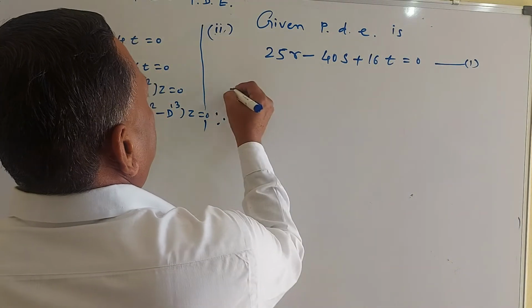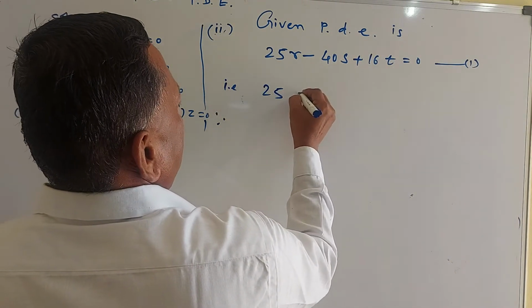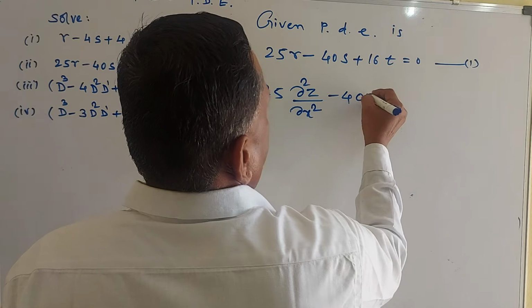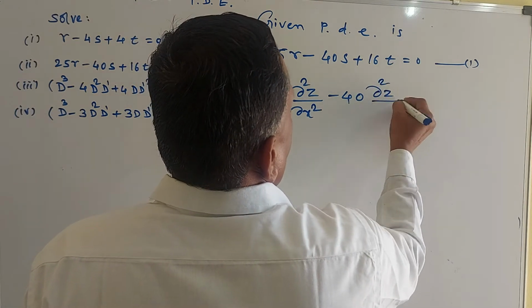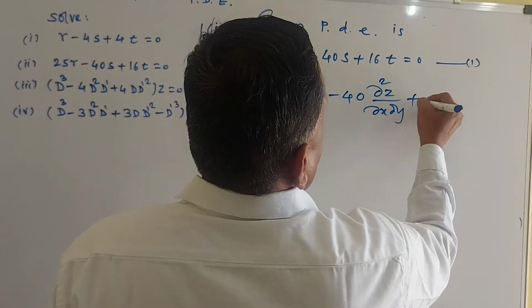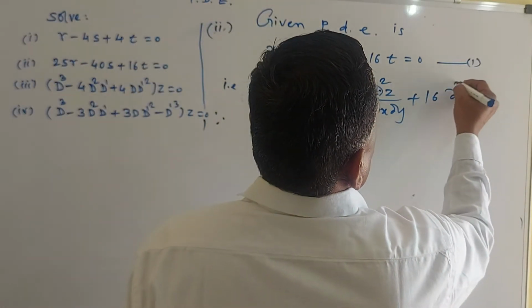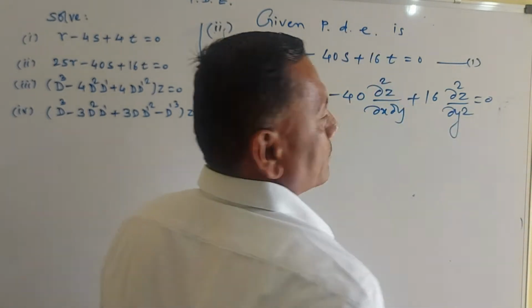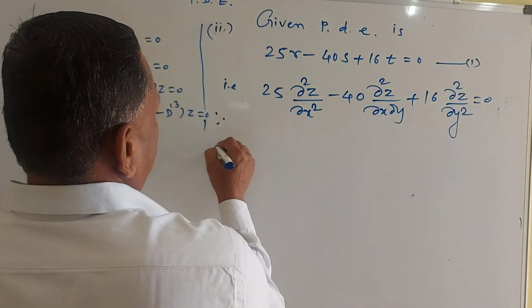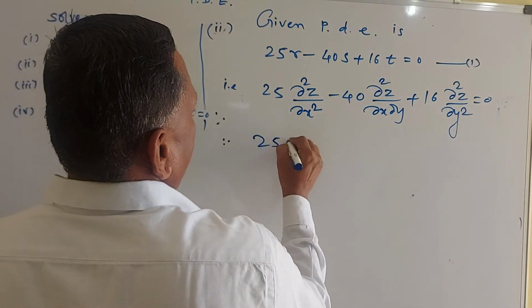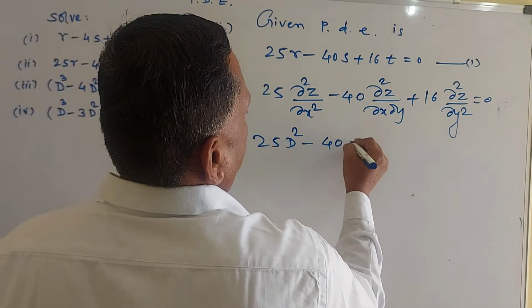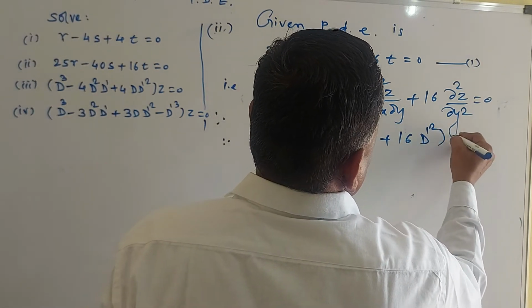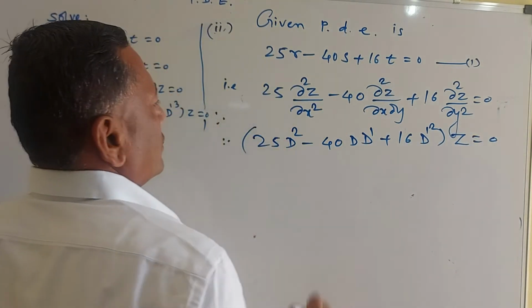Again this equation can be written as 25 dou 2 z by dou x square minus 40 dou 2 z by dou x dou y plus 16 dou 2 z by dou y square is equal to 0. And the symbolic form of this equation is 25 D square minus 40 D D dash plus 16 D dash square operated on z is equal to 0.